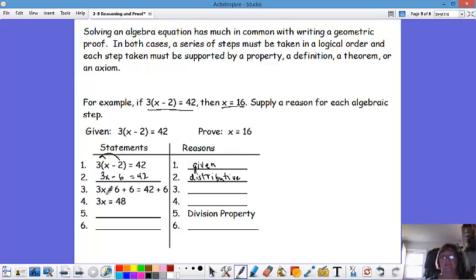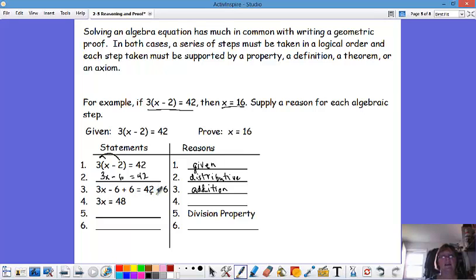And look what this step shows. 3x minus 6, which is what we had, plus 6, equals 42 plus 6. Folks, they added the same thing to both sides, or they applied the addition property of equality.